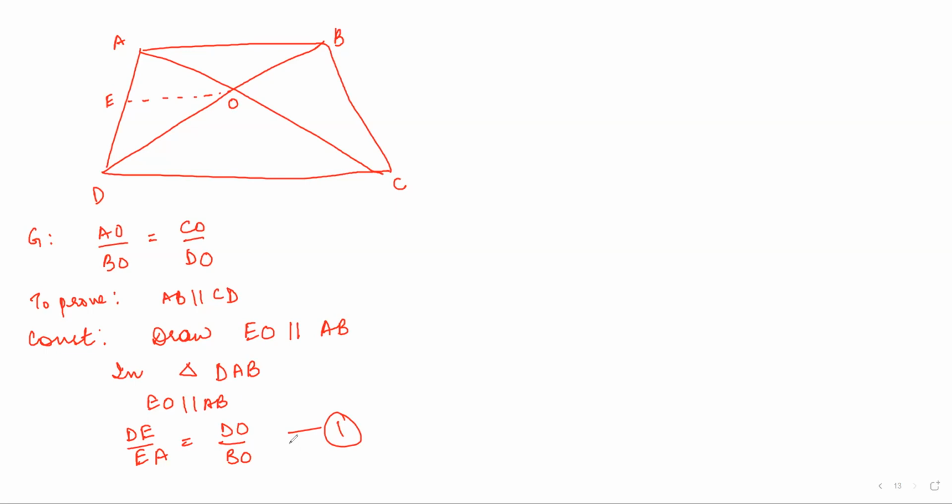All right. Now you combine this with the given condition. It is given that AO upon BO is equal to CO upon DO. Because you have DO by BO here, you make it same here. So take this BO there and CO here.